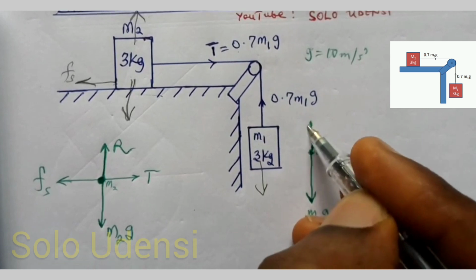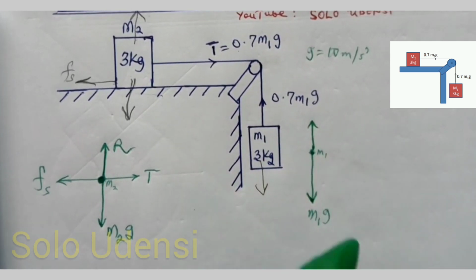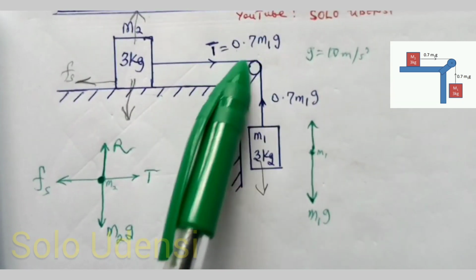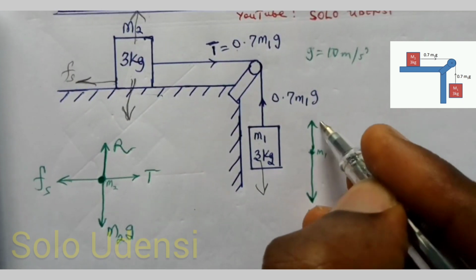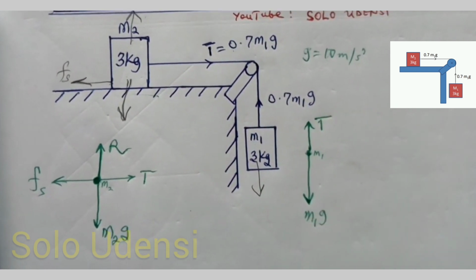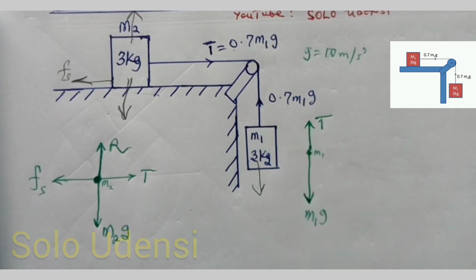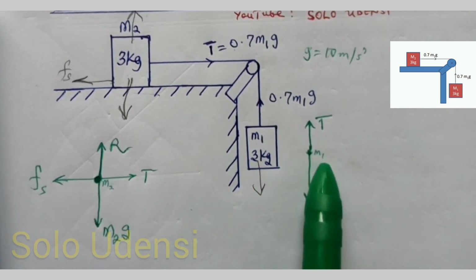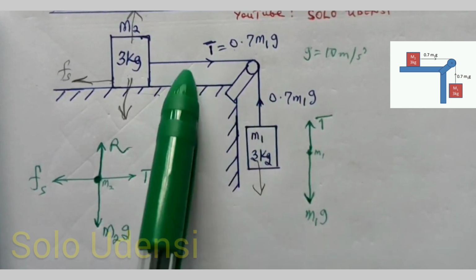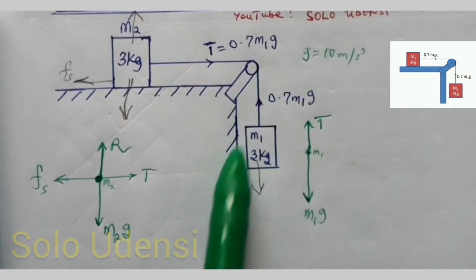The tension in the string is the same because it is connected through a frictionless pulley. So T is the same. From where this one stops is where this one gets it. This one is horizontal, while this one is vertical. The force is translated to a vertical force here.